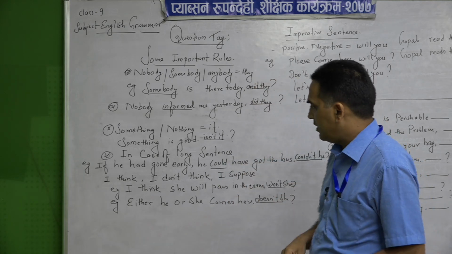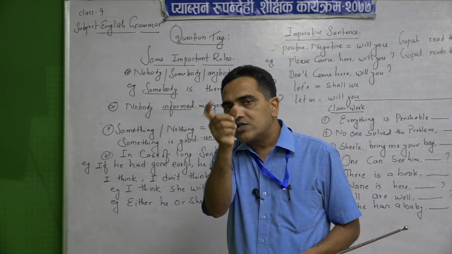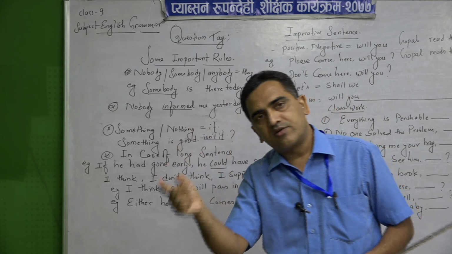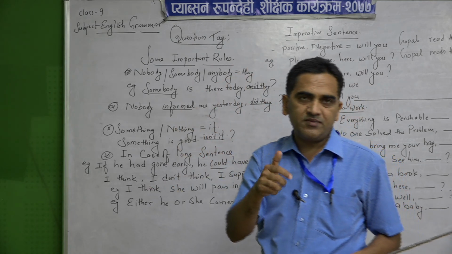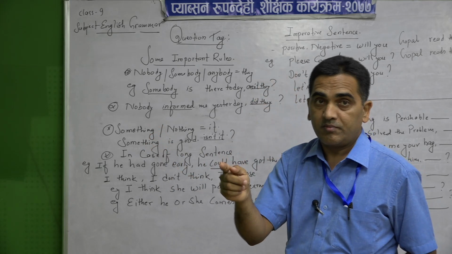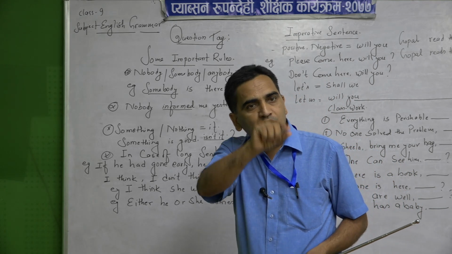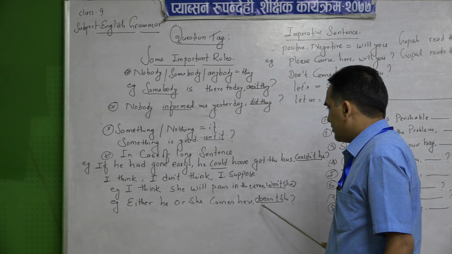Another example, my dear students: when two words are joined by either or or neither nor. Either or is positive, neither nor is negative. When two subjects are joined by either or or neither nor, we should look at the subject nearest to the verb.